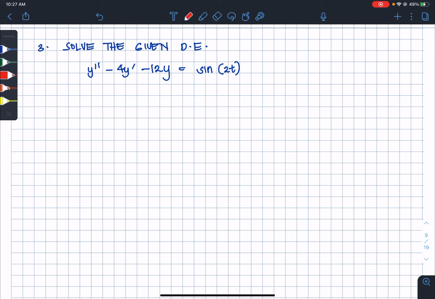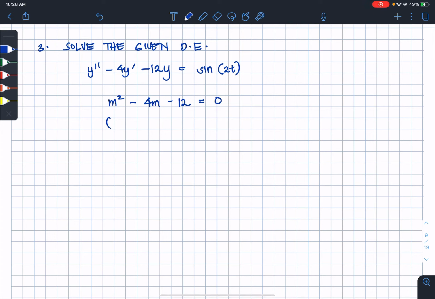So for the given differential equation, our first step is to find the complementary solution y sub c. We're going to change this one as m squared minus 4m minus 12 is equal to 0. Is this factorable?